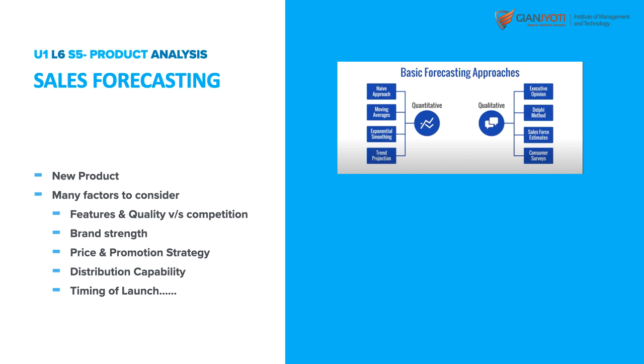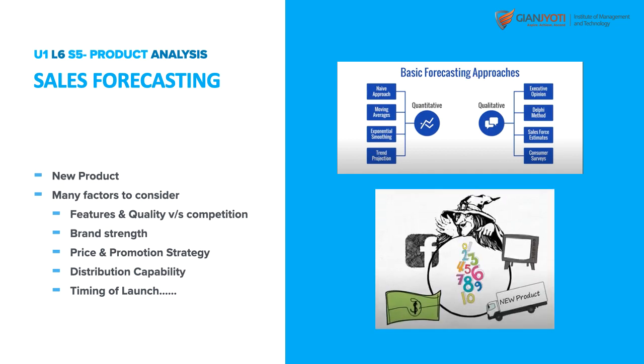So here we are talking about new product. How to do the sales forecasting for the new product. That's not an easy job because there is no historical data available for the new product, because it is coming for the first time in the market. You are launching it.